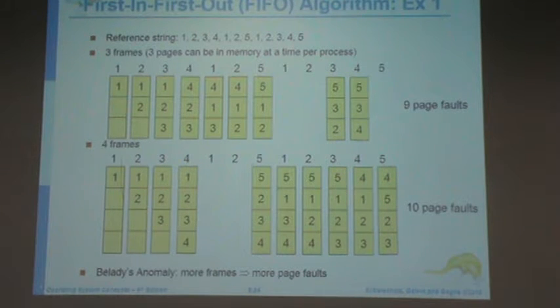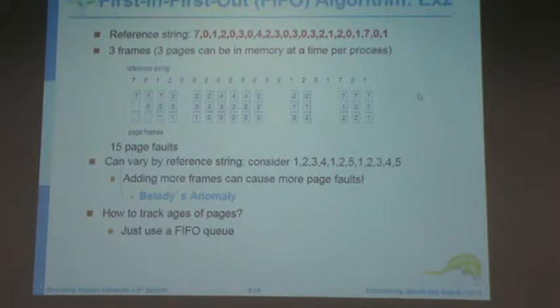Because we cannot find the pages in memory. So 1, 2, 3. Then once you refer to page number 4, there's no 4, so you need to select one of them as a victim. That is 1, of course, because it's the first one in. So that is first in, first out. You can do the same thing for the other reference string.